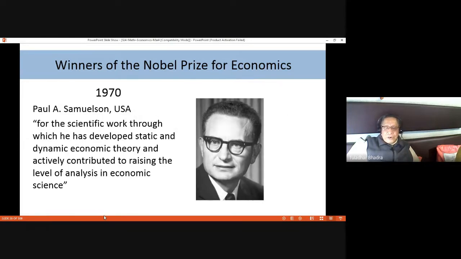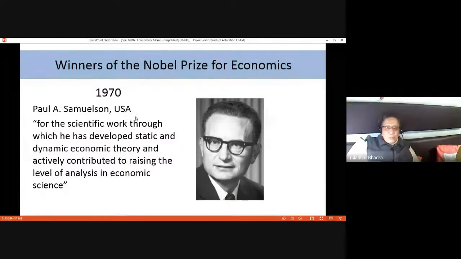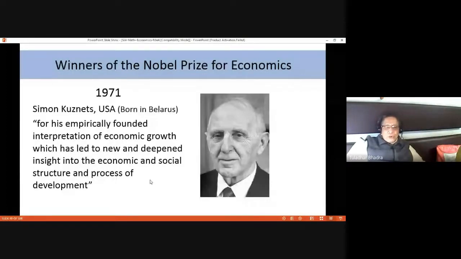Next year, in 1970, it was given to Paul Samuelson of the USA for the scientific work through which he has developed static and dynamic economic theory and actively contributed to raising the level of analysis in economic science. Then Simon Kuznets, USA, but he was born in Belarus, for his empirically founded interpretation of economic growth, which has led to a deeper insight into the economic and social structure and process of development.